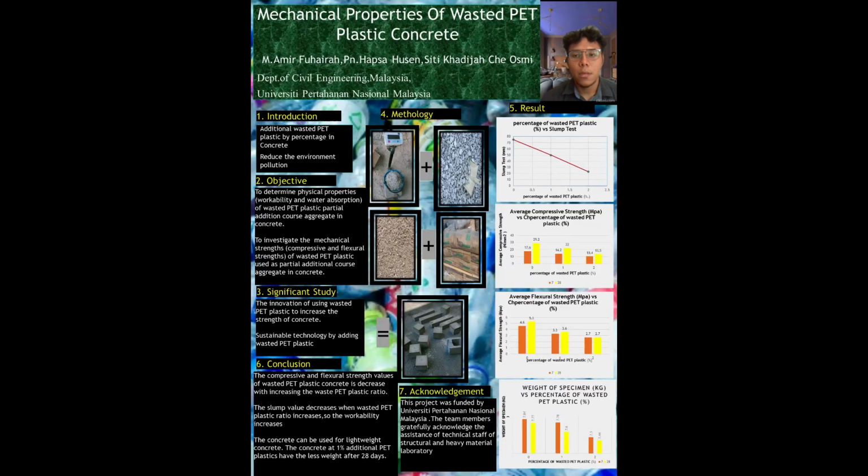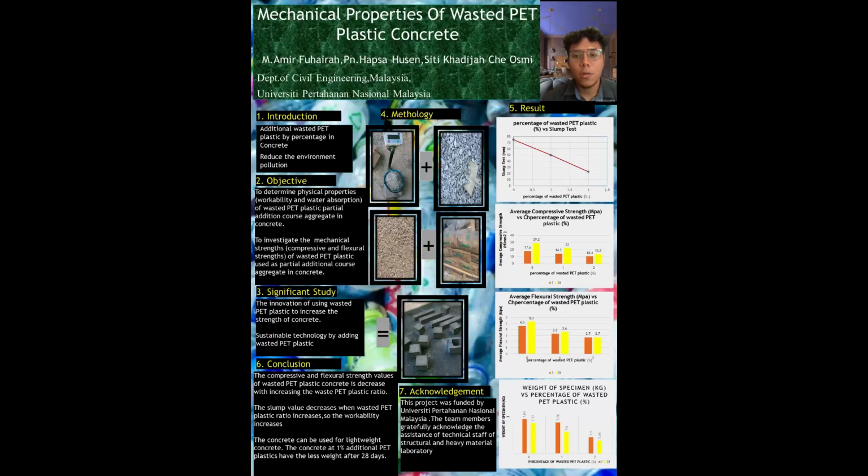For the result, first is the result of the slump test. We can see that the slump test value, the height from the top of the slump cone to the top of the concrete, decreases when the waste PET plastic increases. Then the next result is average compressive strength.